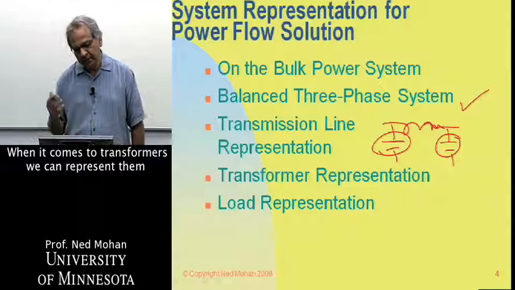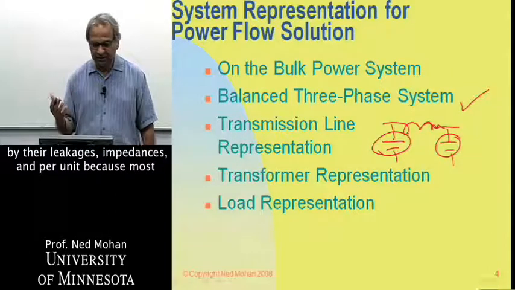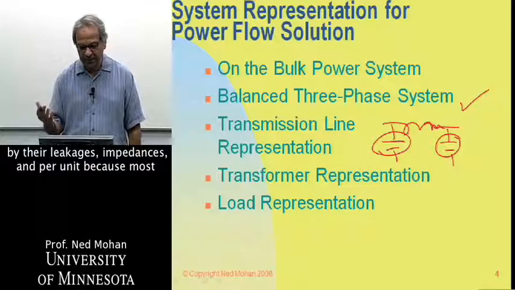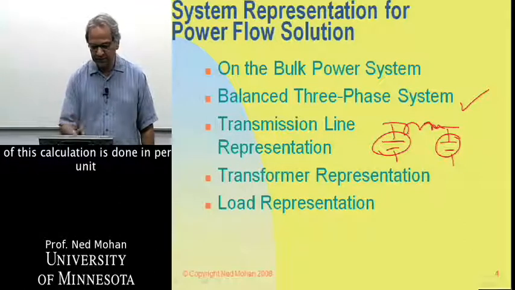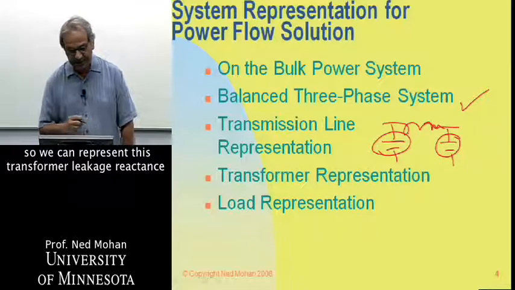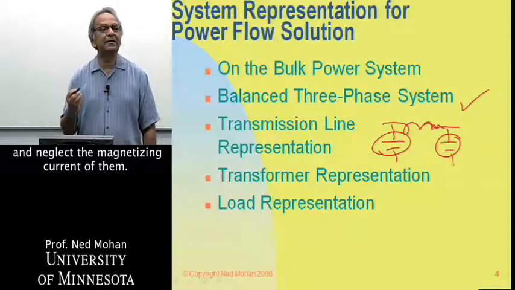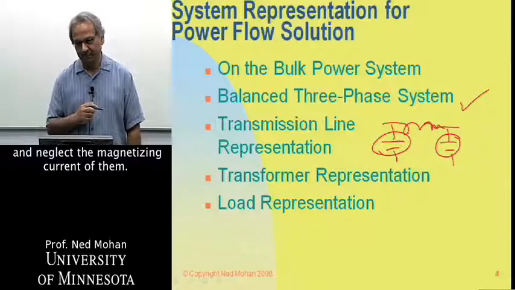When it comes to transformers, we can represent them by their leakage impedances in per unit, because most of this calculation is done in per unit. So we can represent this transformer leakage reactance and resistance in per unit and neglect the magnetizing current of them.